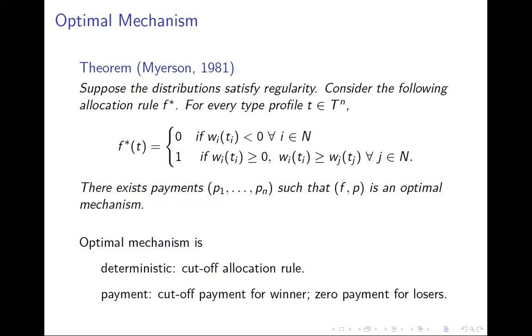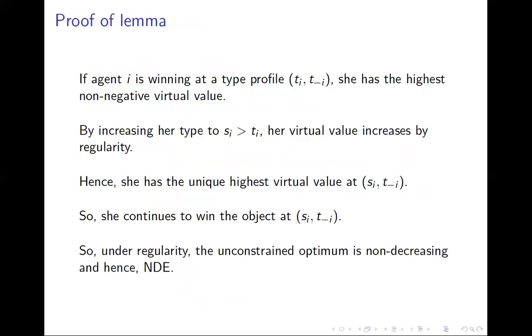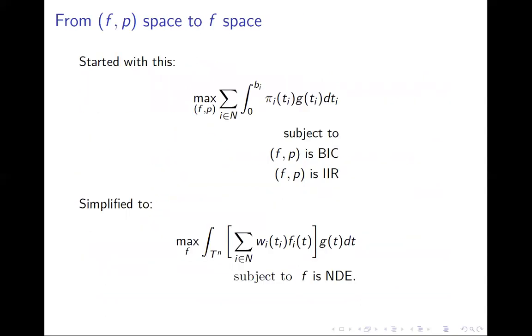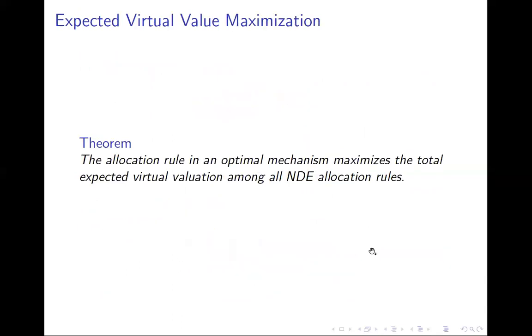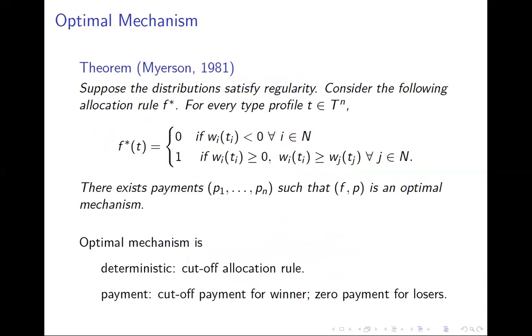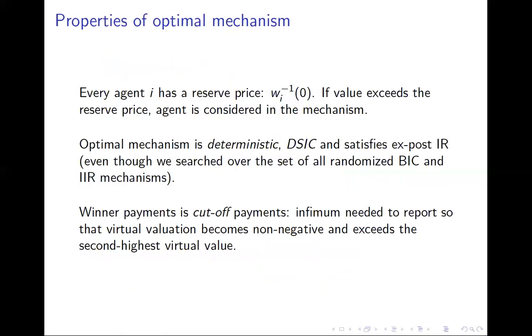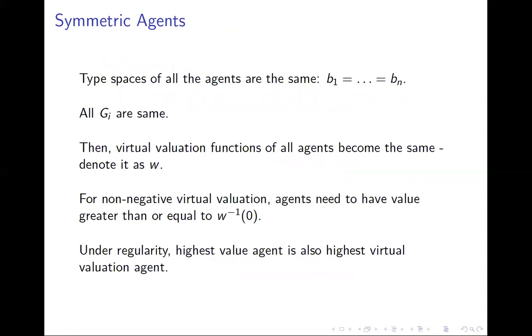As long as it satisfies DSIC constraints, it will also satisfy the BIC constraint. And because of our reformulation of the problem, this has to be an optimal solution. So maybe for today it's enough. Let me stop here.